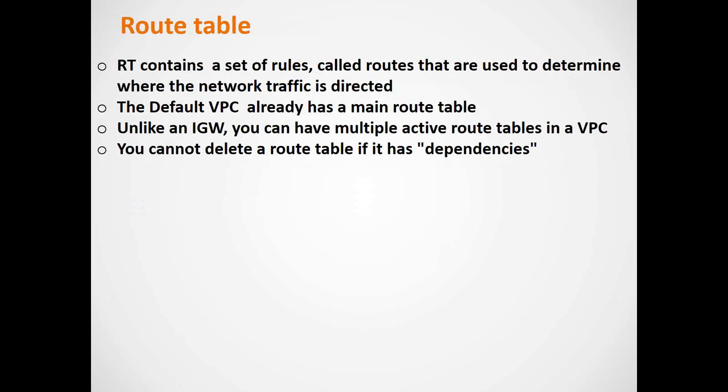Based on that, you will be able to connect to the specific machine. So that is how, when a request or traffic comes from the internet through the internet gateway, first it will go to the routing table. In the routing table, it will be maintaining all the details, saying that, okay, this machine is available here, this machine is available here, and are you authorized to go inside it or not?